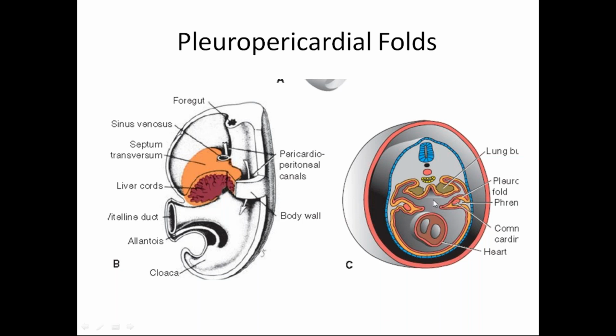It will have its own cavity. So they bulge into them as the trachea forms and divides into the bronchi, and the lung buds form. They would be pushing themselves into this intraembryonic cavity. In the next pictures, it will become very clear.